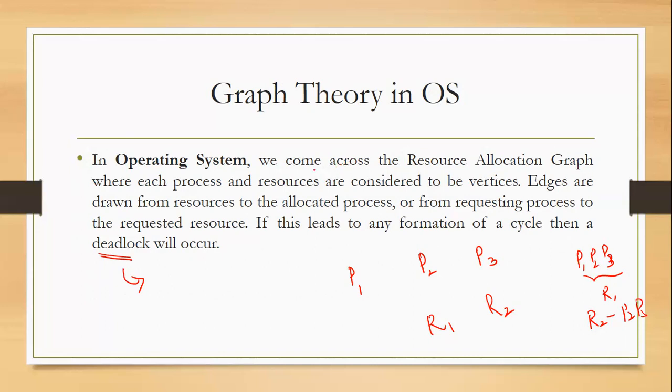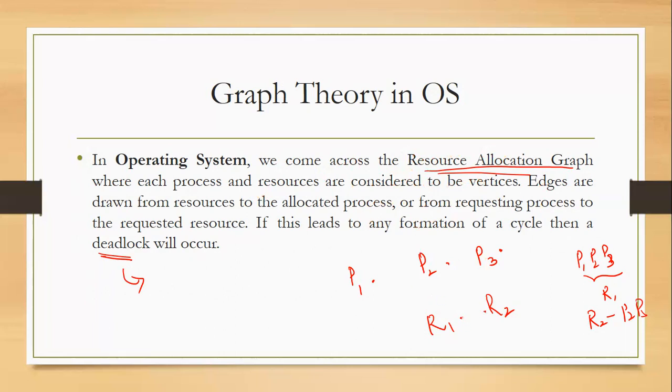So in operating systems, we come across this strategy called the resource allocation graph. This is generally a basic idea: in a resource allocation graph, each process and resource is considered a vertex. So P1, P2, P3 and R1 and R2 are vertices.